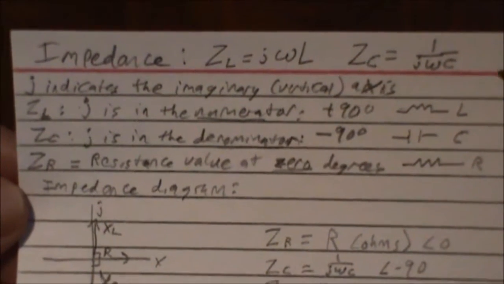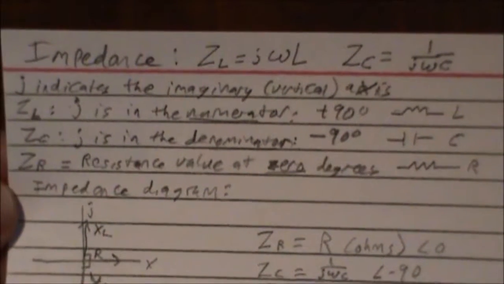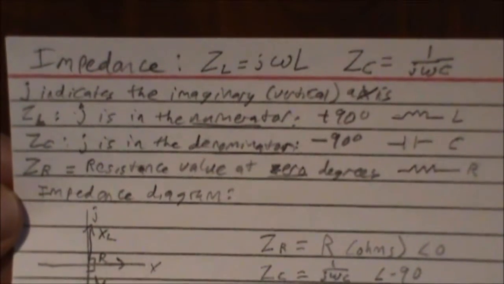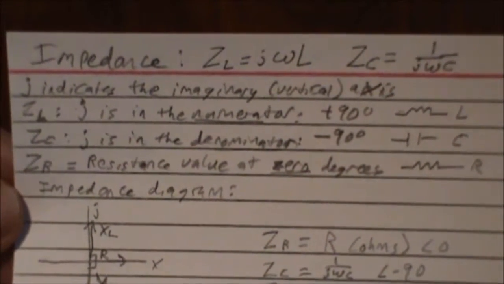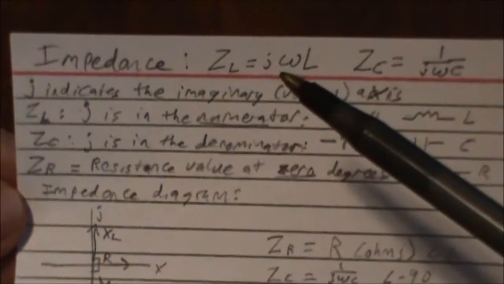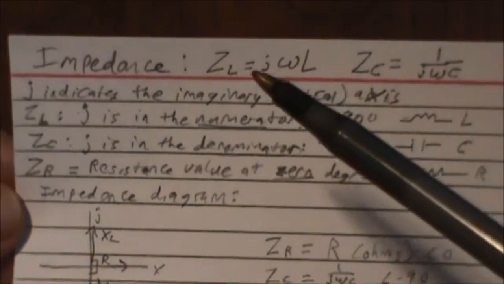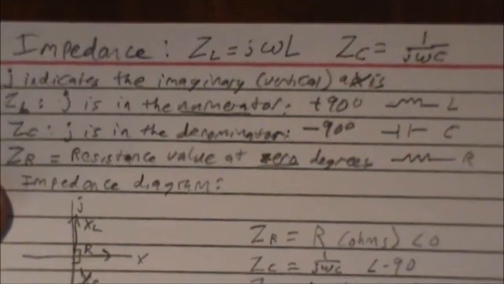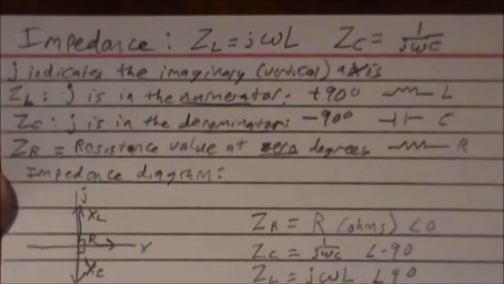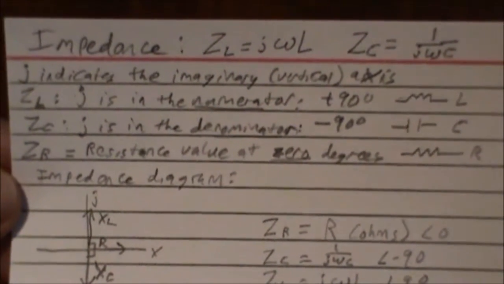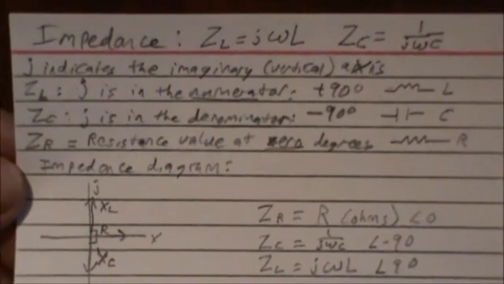Now, remember the simple mathematical property that j omega L is equal to j omega L over 1. Any number, 3,942, is equal to 3,942 over 1.